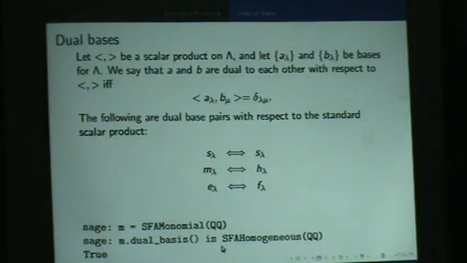So here I create the symmetric function algebra in the monomial basis, and then I ask for its dual basis. When I don't specify anything there, I just get the dual with respect to the standard scalar product. I ask if it's the homogeneous basis, and Sage tells me true.